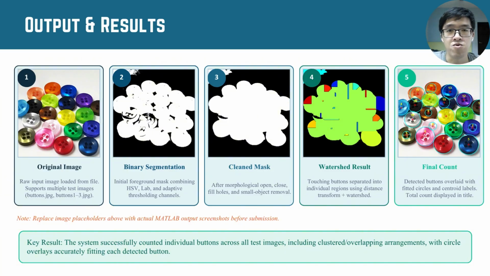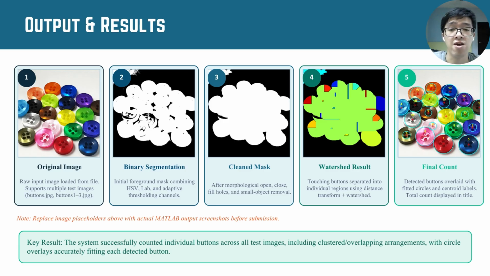Thank you, Celine. I'm Eugene Hao. We're moving on to the output and results. The proposed MATLAB pipeline successfully detects and counts individual buttons from the input image. The process begins with the original image, followed by binary segmentation using HSV and LAB color spaces. Morphological operations are then applied to generate a clean mask by removing noise and filling holes.